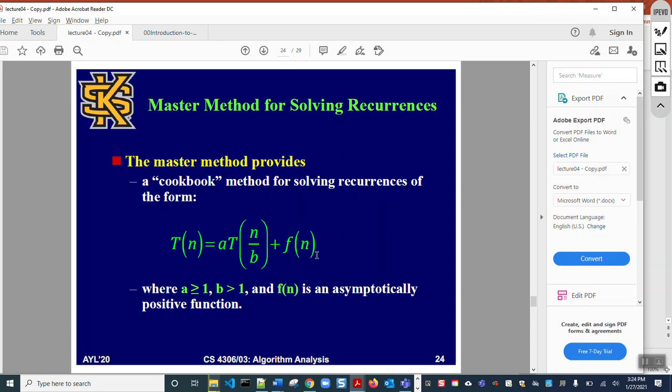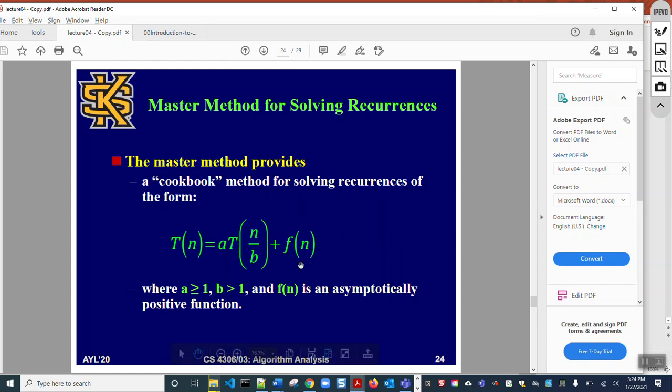What does that mean? It means we are splitting the problem, or an array or a list of data, into a parts, and each part has length n divided by b. It is not necessary that a and b are equal, but a must be greater than or equal to 1, and b must be greater than 1.